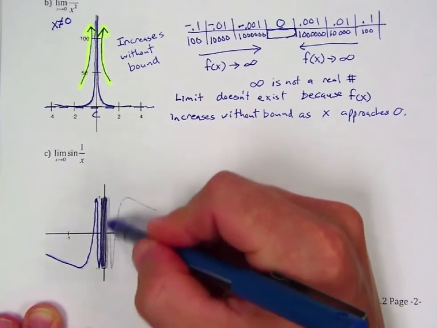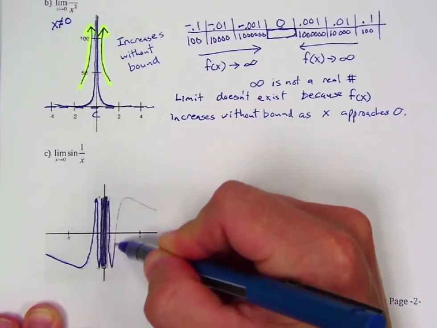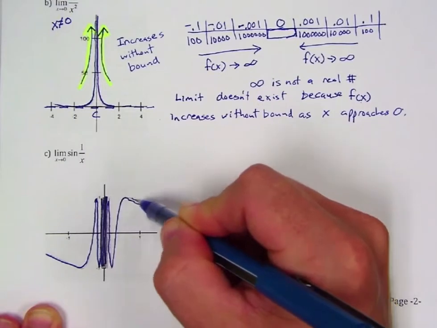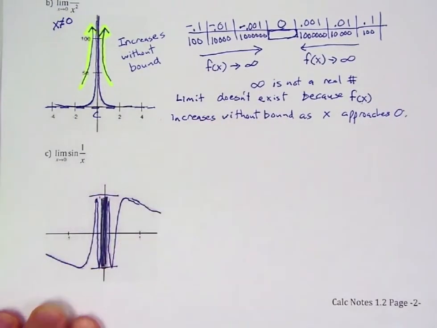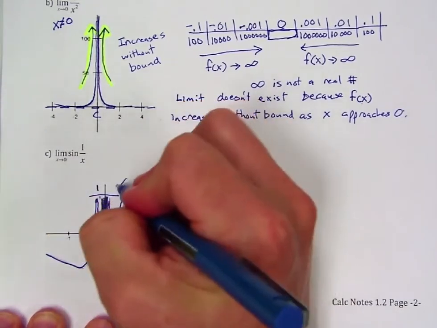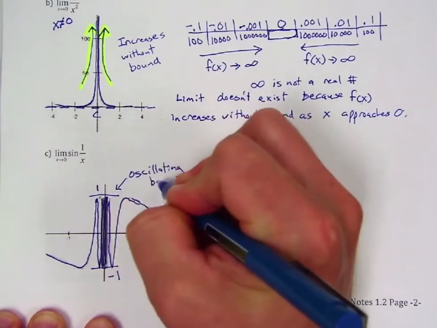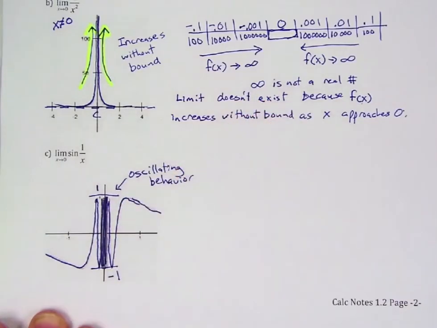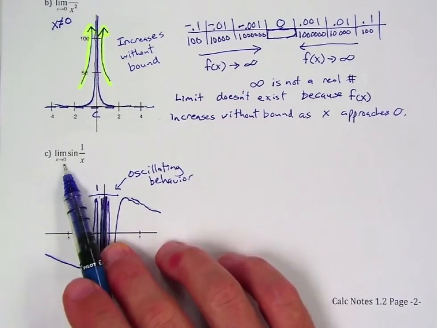And then as it gets a little bit past 0, the same thing happens until it sort of starts to level out and keeps on going. So we have this oscillating behavior between 1 and -1. And that is going to make the limit not exist as x approaches 0.